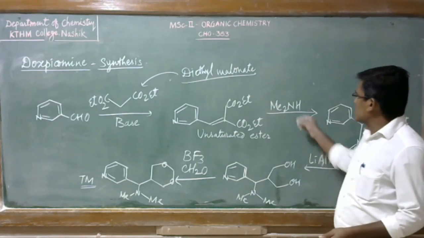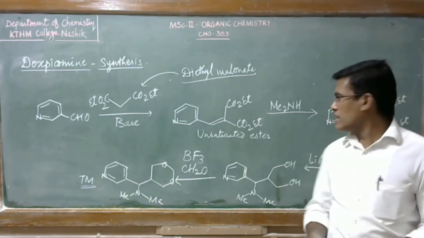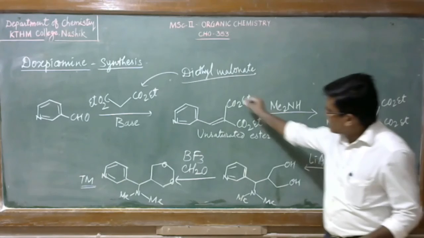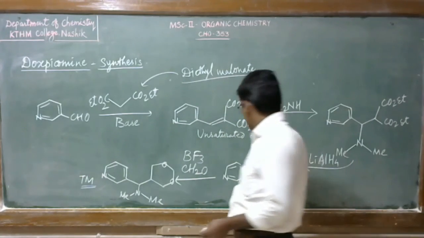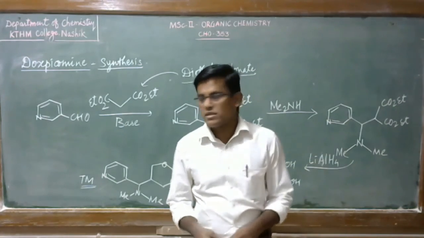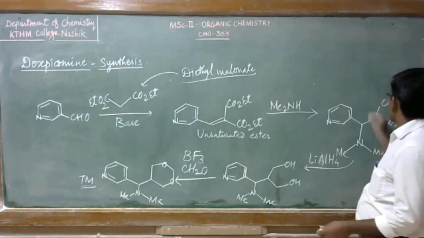Alright. Next, the treatment of this secondary amine, dimethylamine, with this alpha beta unsaturated diester, so it gives this product. Alright. Next, this is diester.